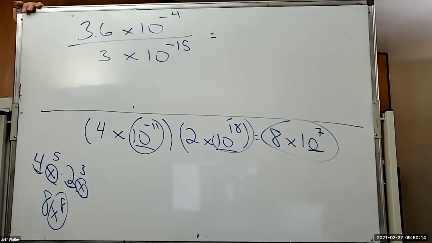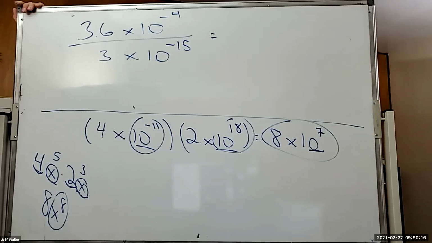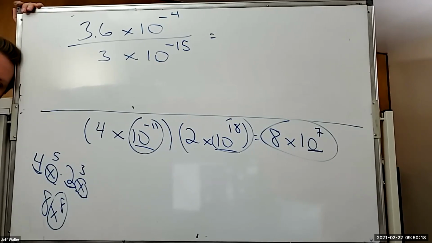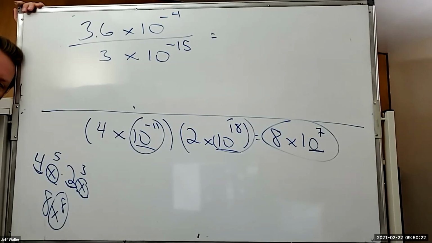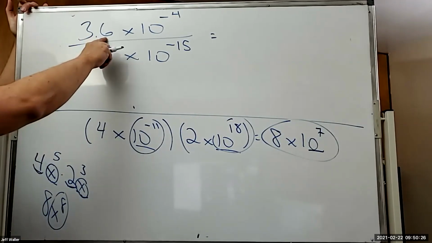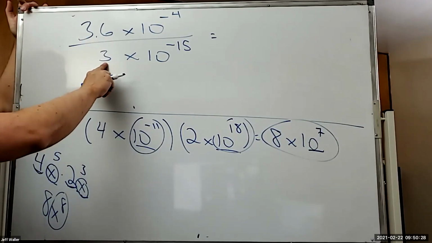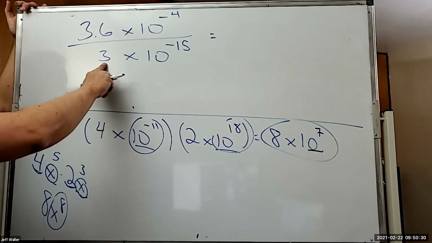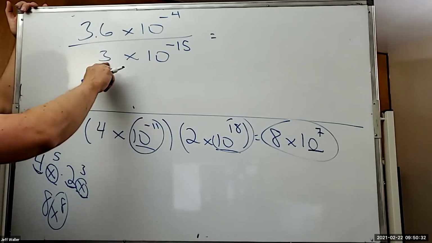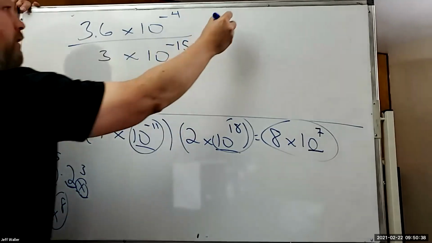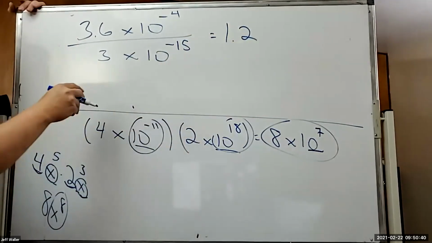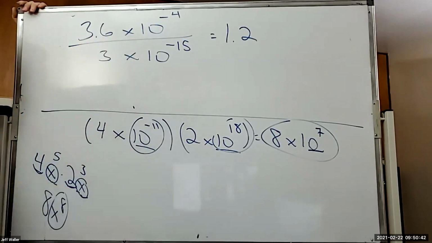It works the same way, except, for example, what is 3.6 divided by 3? What's 36 divided by 3? 12. So then you put the decimal back in. So 1.2. Yes, that's beautiful. Ignore the decimal and then put it back in.